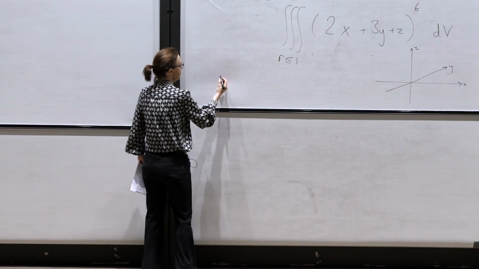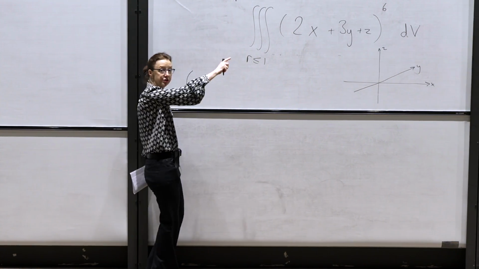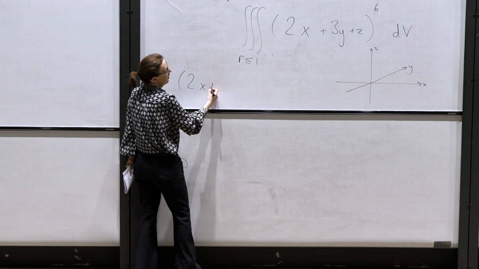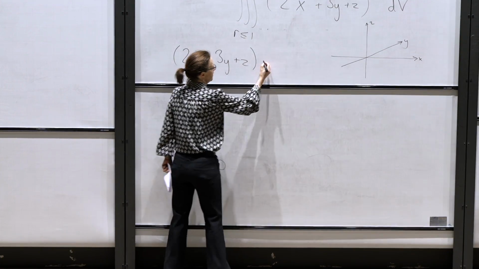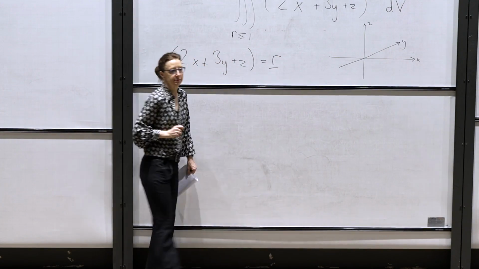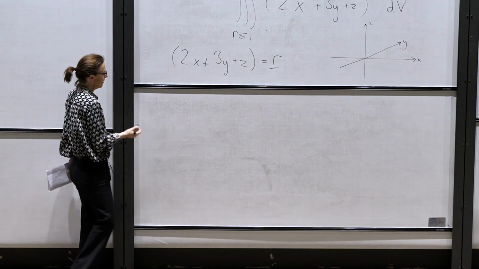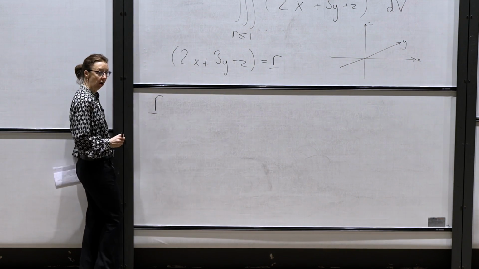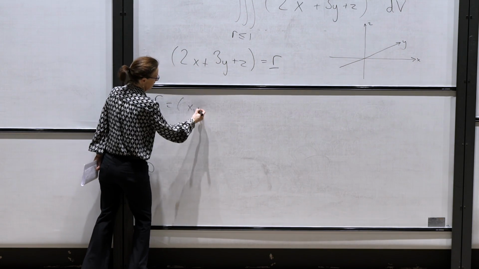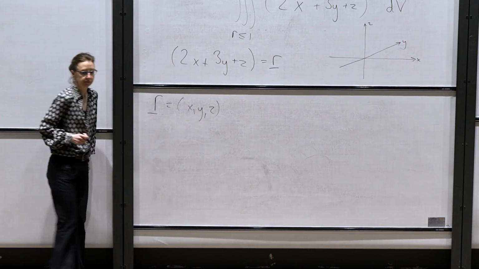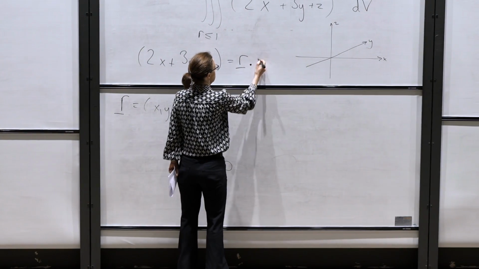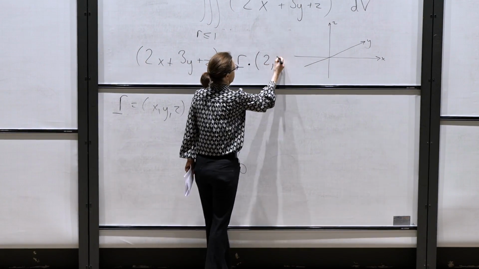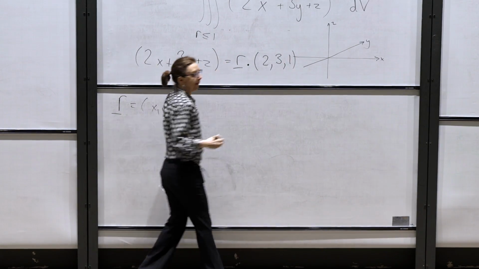The thing to note is that I can rewrite this integrand 2x plus 3y plus z as r, the position vector. In Cartesians, the position vector r is just the x, y, z coordinate, dotted with the vector 2, 3, 1.